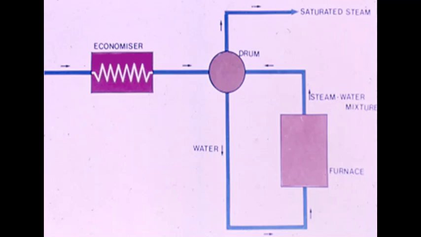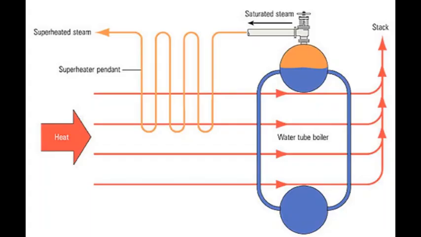From the drum, water is going through the downcomer, going down, and it is passing through the water walls which is surrounding the furnace, and heat exchange is taking place across the furnace water walls. As a result, the latent heat of vaporization is added up into the circulating water.